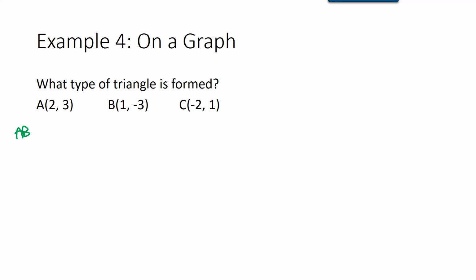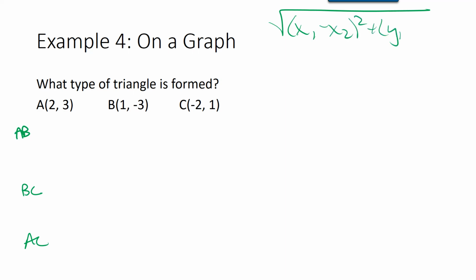What we do have to do, and we did this yesterday, is figure out the distance of each side in order to plug it into the Pythagorean theorem. Give you the distance formula again, x1 minus x2 squared plus y1 minus y2 squared, all underneath the square root. We're going to plug in our values here.